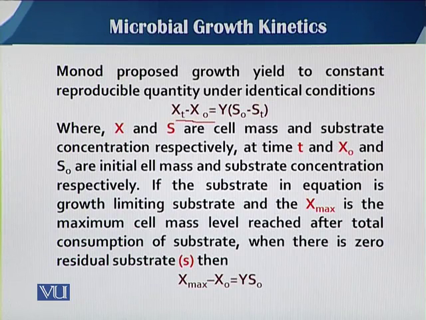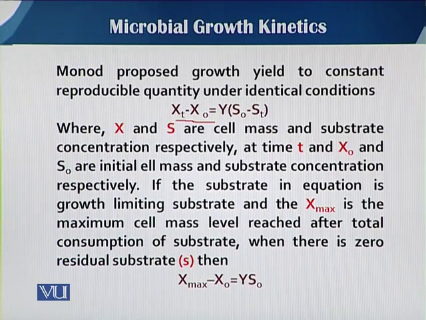S naught is the initial substrate concentration, which we add at the start of the fermentation when we start our batch culture. St is the substrate amount at the end, which we can call the residual substrate concentration. Sometimes we call it St, or sometimes only S.